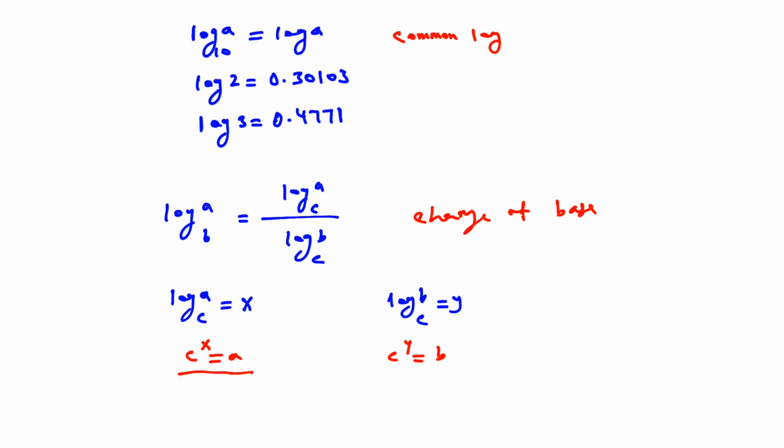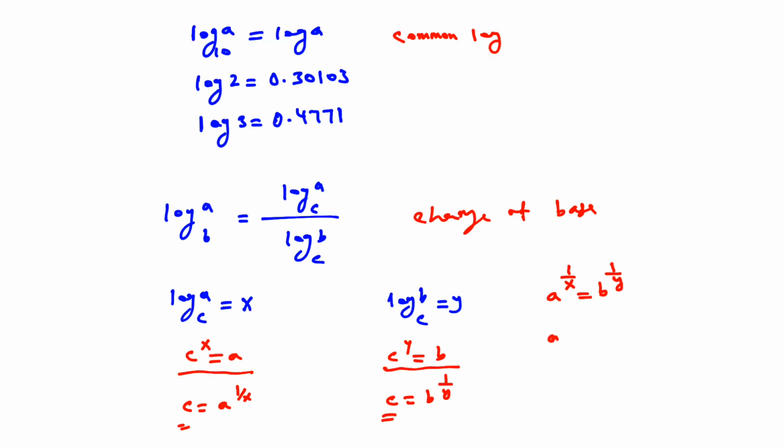From this equation, we have c equals a to the power of 1 over x. From this equation, we have c equals b to the power of 1 over y. Therefore, a to the power of 1 over x and b to the power of 1 over y are equal. Both of them are equal to c.